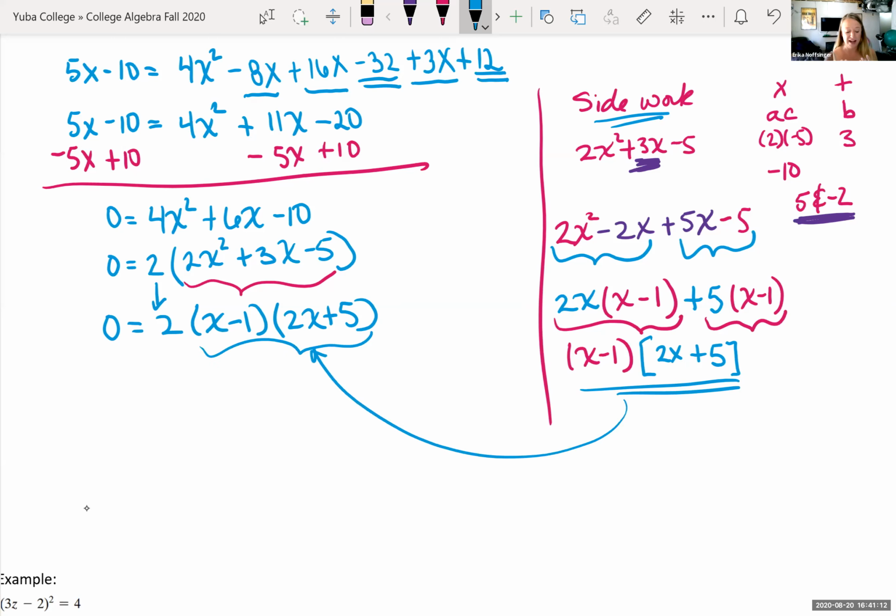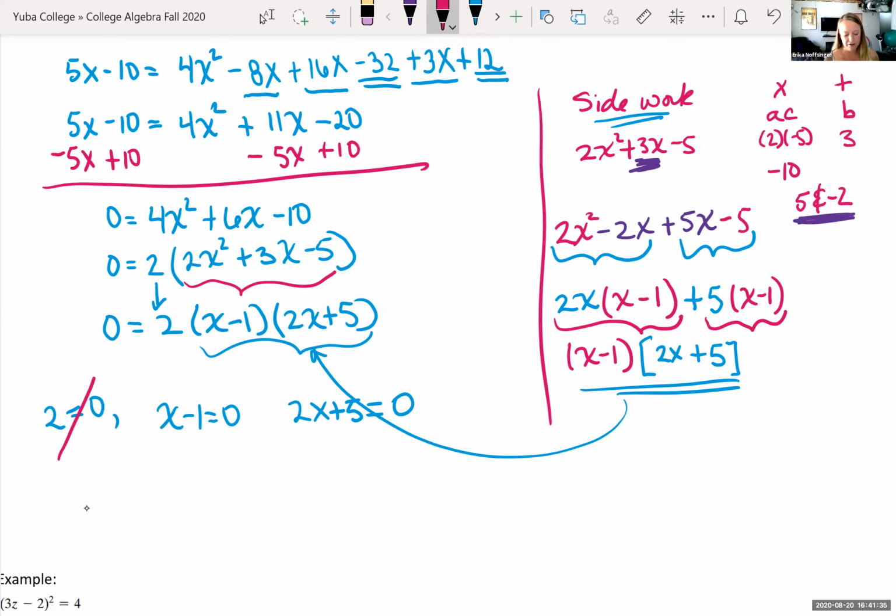So we've got it factored, everything factored on one side, and it's set equal to 0. So we're going to set each factor equal to 0: 2 equals 0, x minus 1 equals 0, and 2x plus 5 equals 0. Well, a constant can never equal 0 unless it's 0 itself.